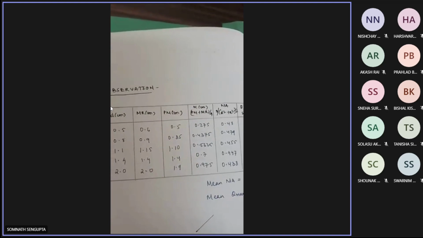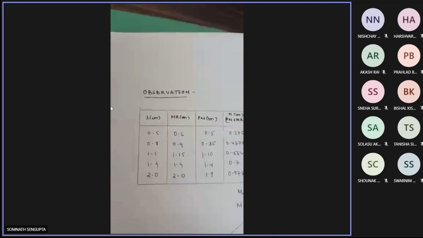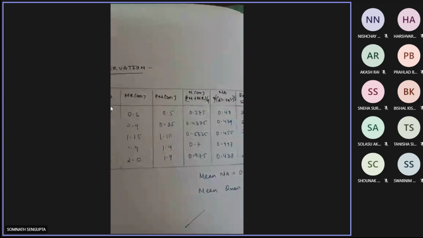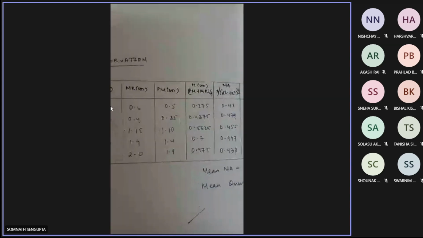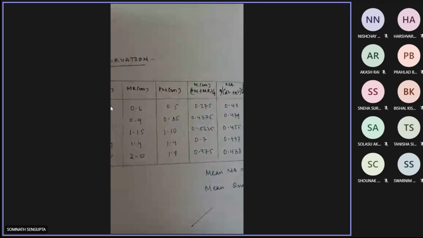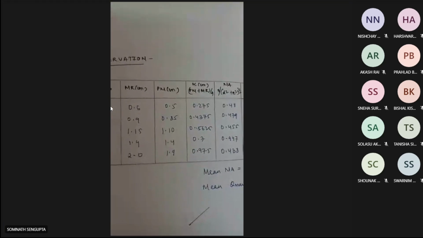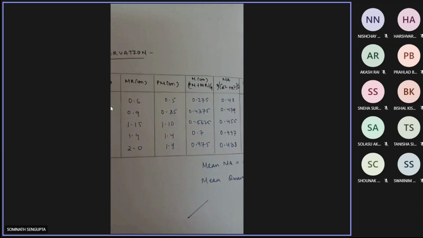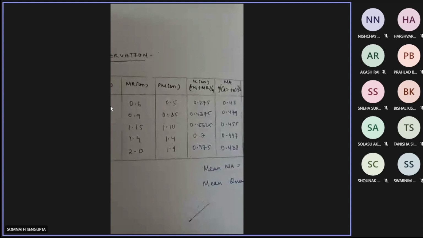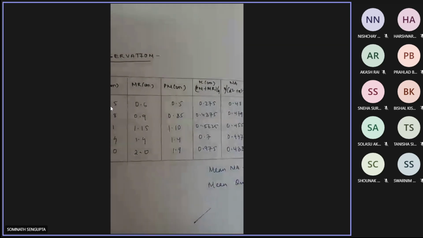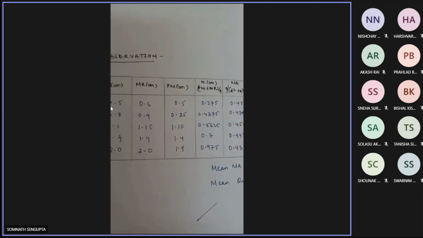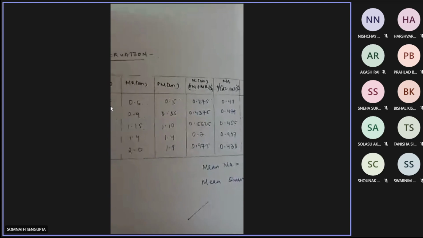Spot size diameter means one is vertical diameter, another is horizontal diameter, because you cannot draw the circle perfectly from the spot. So one average value should be taken, considering the two diameters, vertical and horizontal, because it will not be a perfect circle.